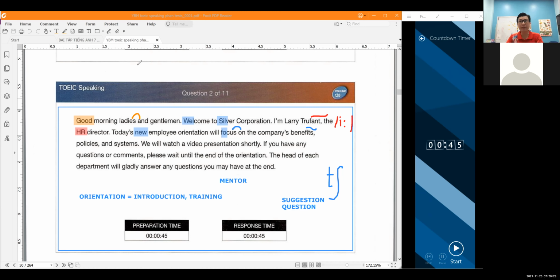Naturally, you would say benefits, but this is the comma, we say benefit. Benefits. Policies and systems. Don't forget policies. Policies and systems.